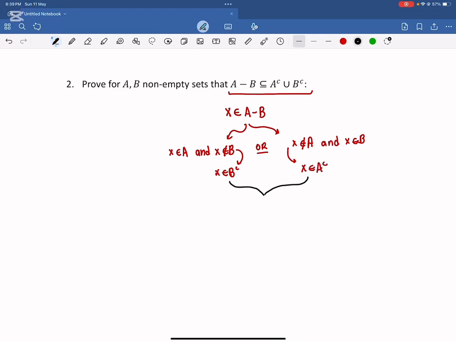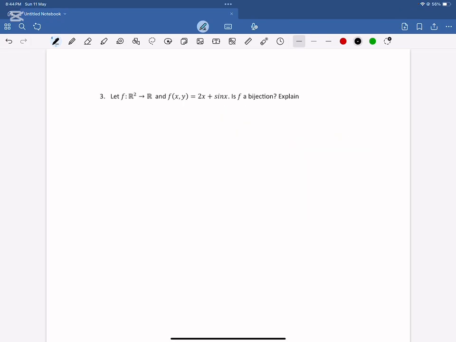So this x can belong to a complement or b complement.